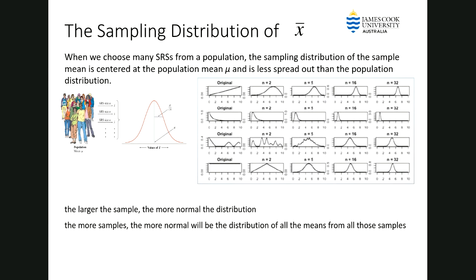And the more samples, the more normal the distribution of all the means from all those samples will be. So as you can see, whatever the population looks like, if we get the mean of the samples, it will eventually fall into a normal curve.